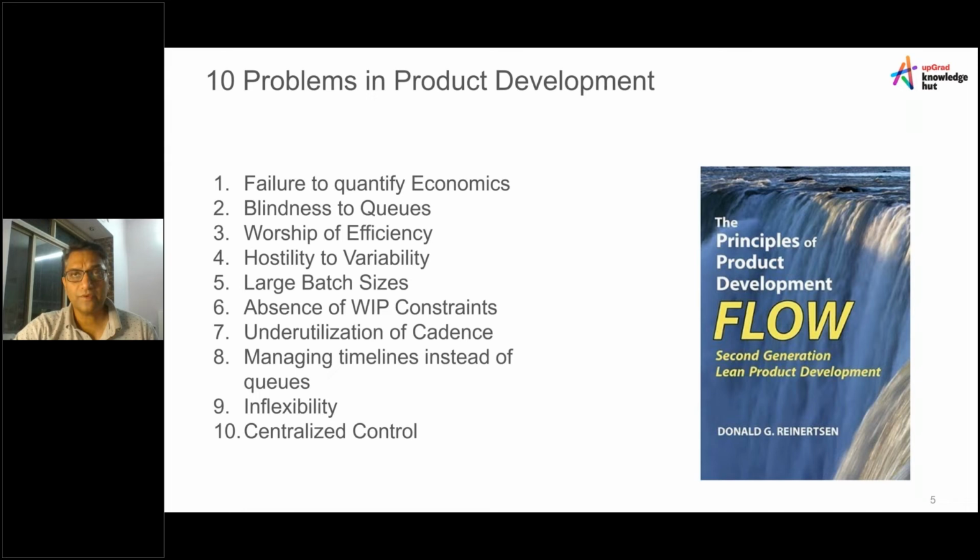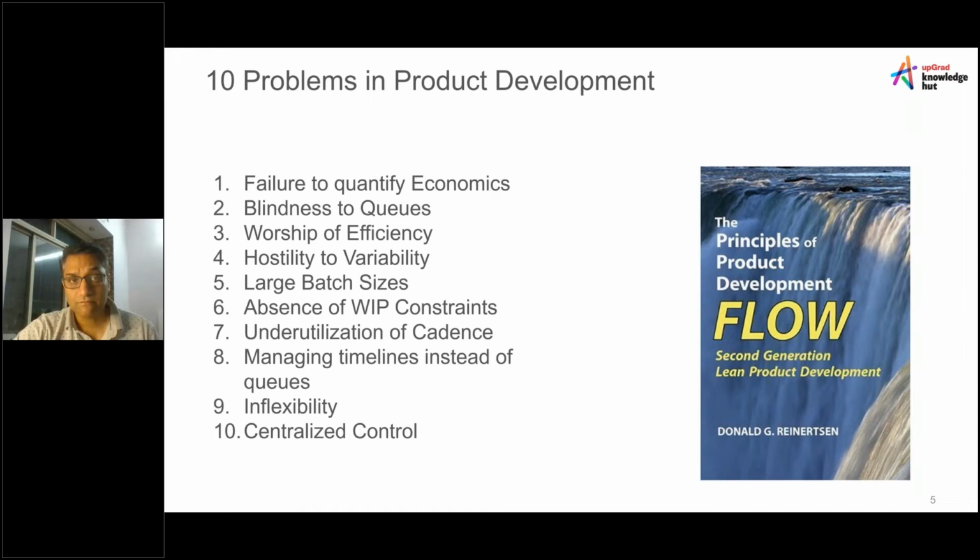And he says one of the top 10 problems that many companies and people in the product development space face is that they're not able to define which is the more important item to do than something else, right? They fail to quantify the economics of agile development.